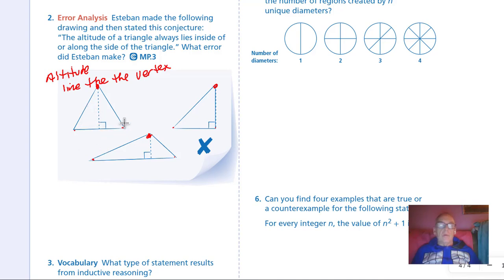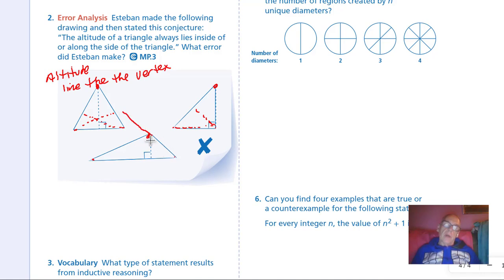There would be an altitude to this one. There'd be an altitude to this one. There's an altitude to this one. There's an altitude to there. Let's see what we got here. We got an altitude perpendicular that passes through the opposite vertex. Now look at this one though. To have an altitude here, we have to extend this line out.